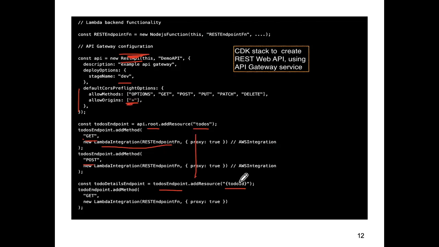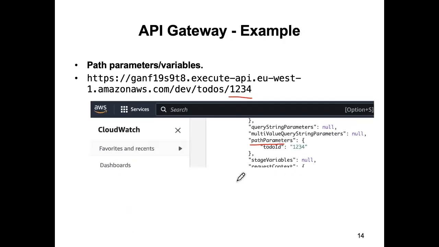This is essentially a variable name. So they are two of the nice supports that API Gateway provides for you, parsing of the query string and also making path parameters available to your Lambda.